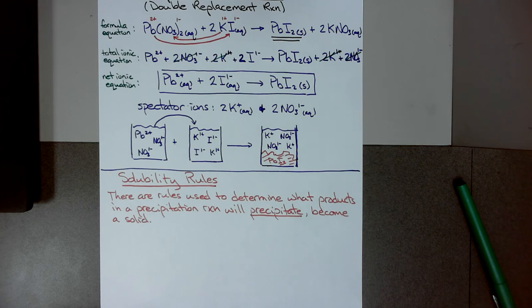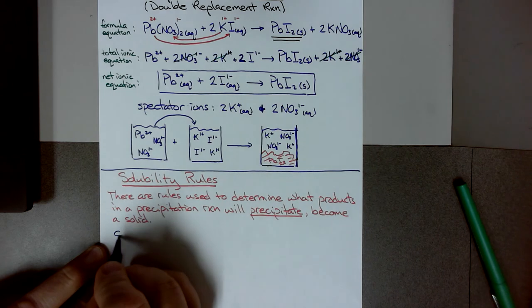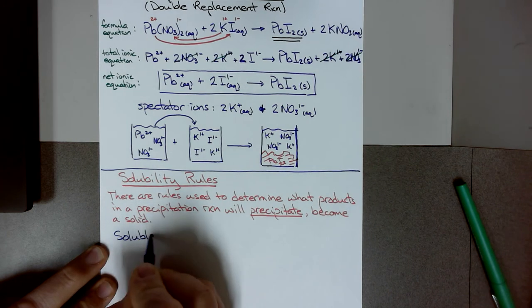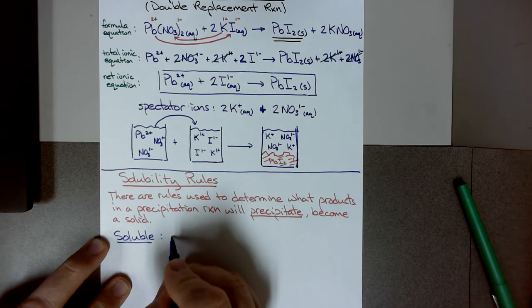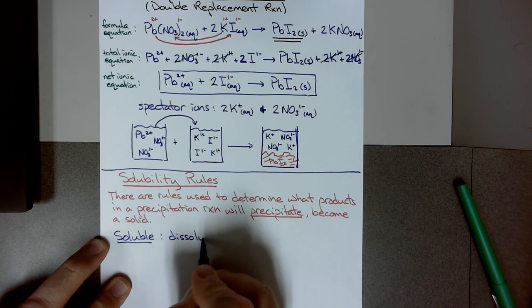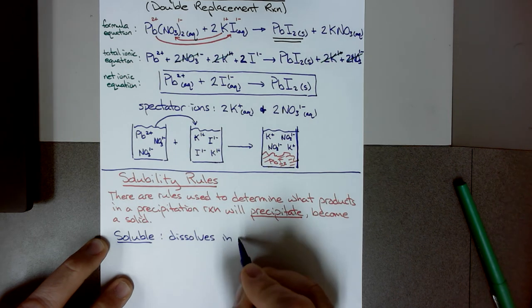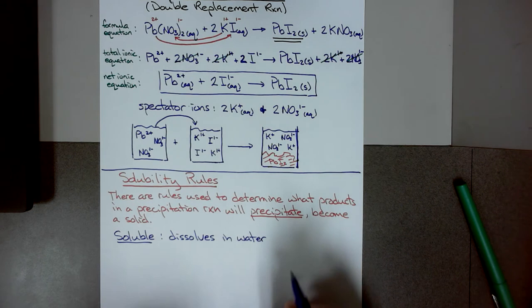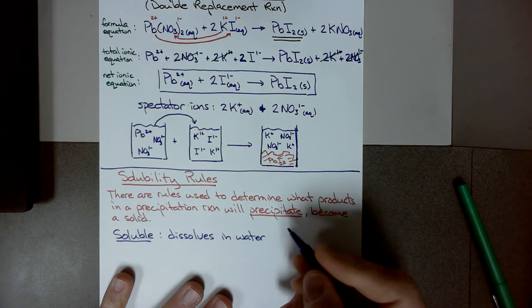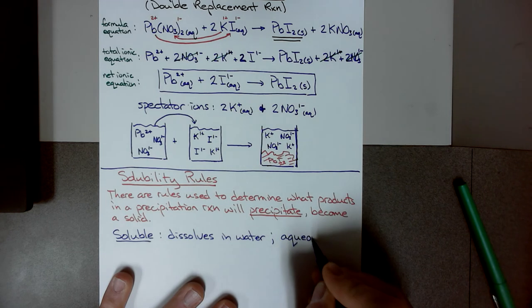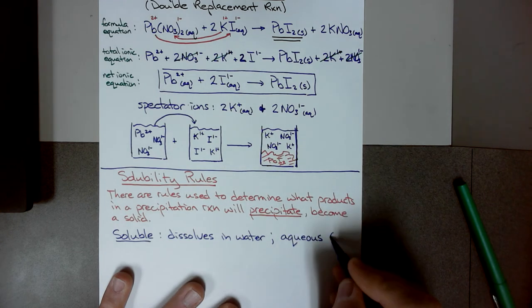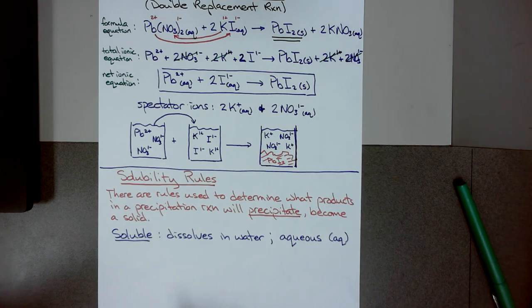Now, we need to define a couple of things before we get started on solubility rules. First, what does soluble mean? Soluble means that it dissolves in water. It could be other solvents, but we're talking about water right now. And usually something that is soluble we consider to be aqueous. So whenever you see the aq symbol, that is something that is soluble. It's aqueous.